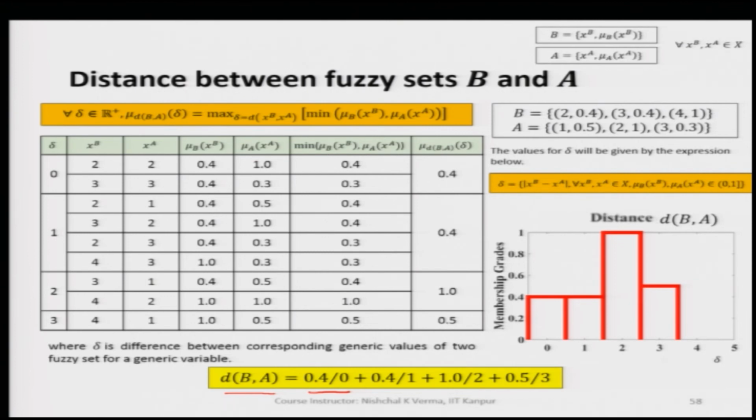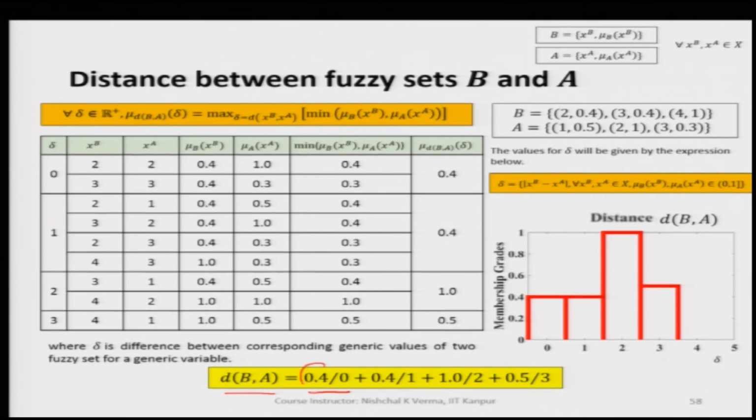In the earlier case, we had the distance between the fuzzy sets A and B. So, the difference here is that we have changed the sequence. Here we are taking the fuzzy set B first, and then A. So, d b comma a represents the distance between fuzzy sets B and A, and this is nothing but 0.4 oblique 1.